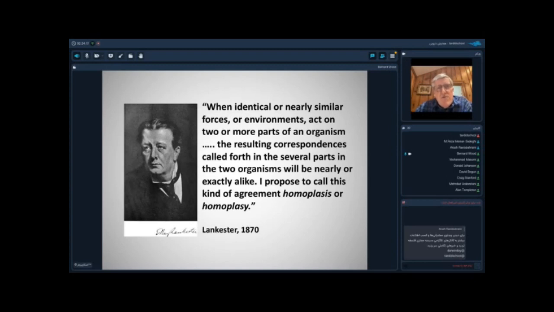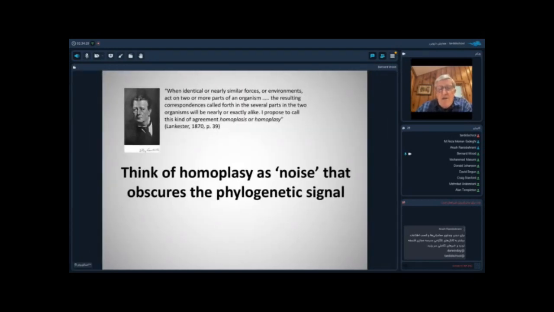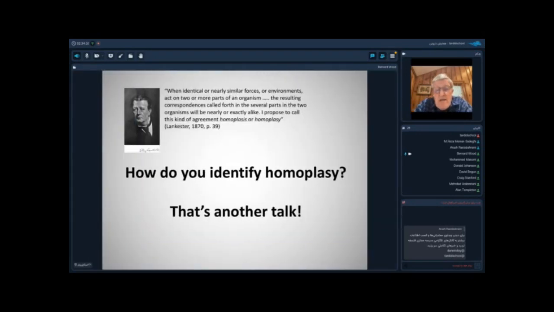And it was only when people realized that morphology sometimes clashed with the molecular evidence that people rediscovered homoplasy. So think of homoplasy as noise that obscures the phylogenetic signal. How do you identify homoplasy?